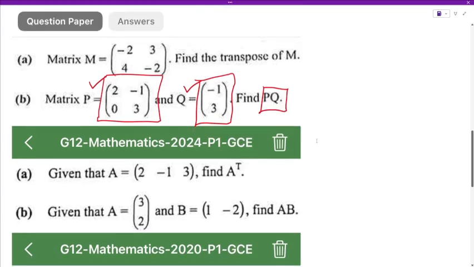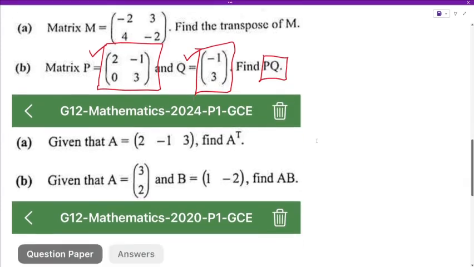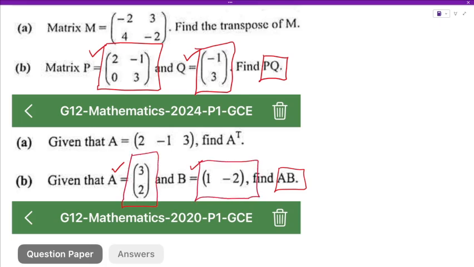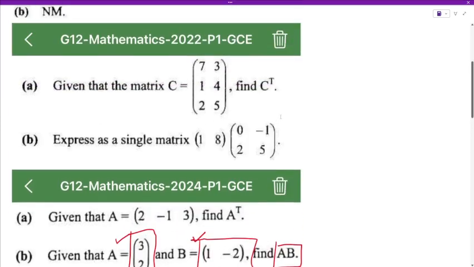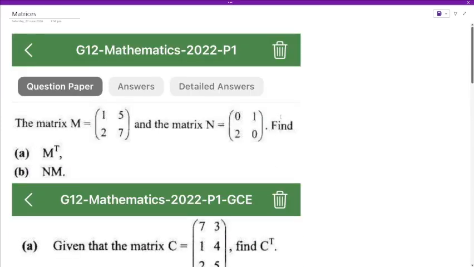Now, they know people like patterns. Again, they'll give you the same thing: matrix A, matrix B, ask you to find AB. So if you solve a couple of these questions, you get used to the pattern. It's usually the first matrix times the second matrix, but here they switch things around. They gave us matrix M first, then matrix N, and then they asked us to find NM, meaning it's supposed to be this matrix times the other matrix.